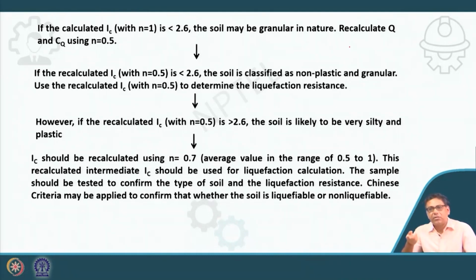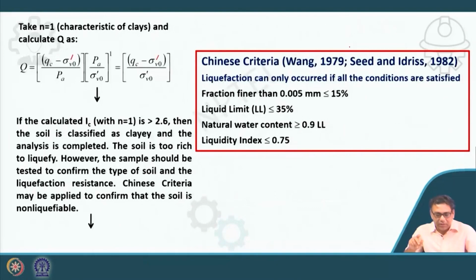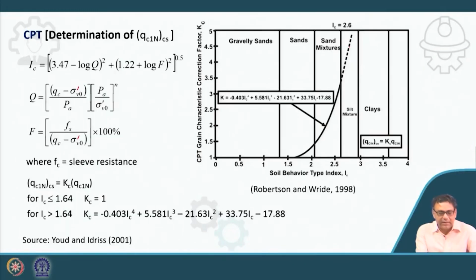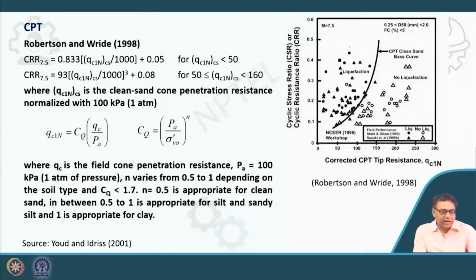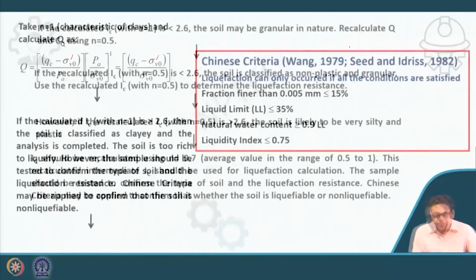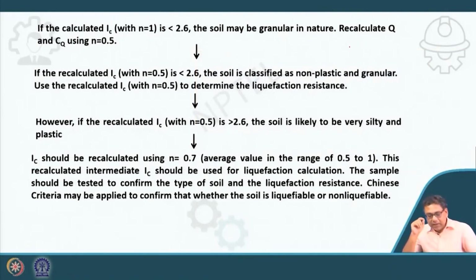After recalculation, if the IC value is again less than 2.6, then it is confirmed the soil is granular in nature and non-plastic, and then you use that n value to calculate your IC, and from there the QC clean sand, and then the CRR value. Clear?